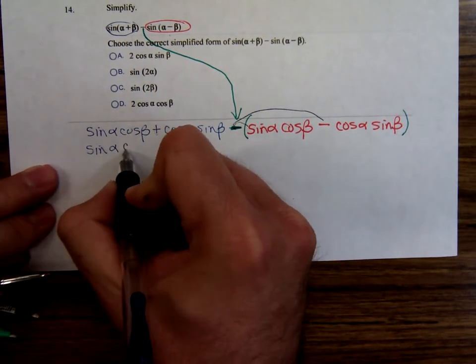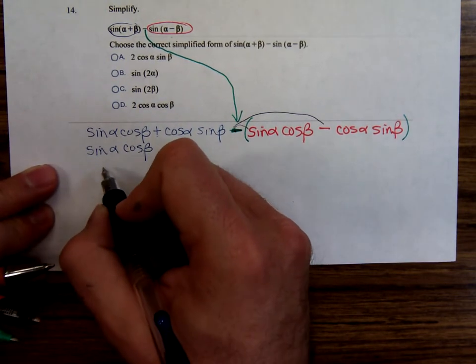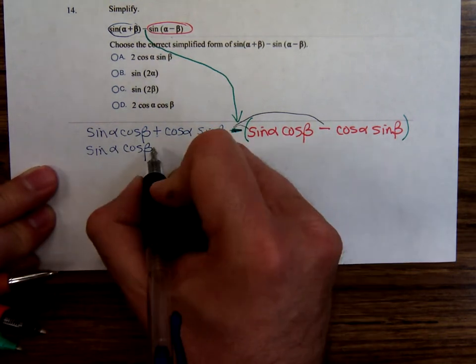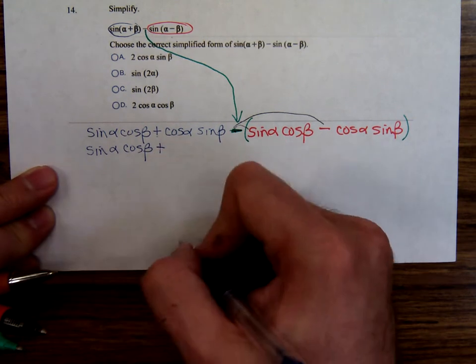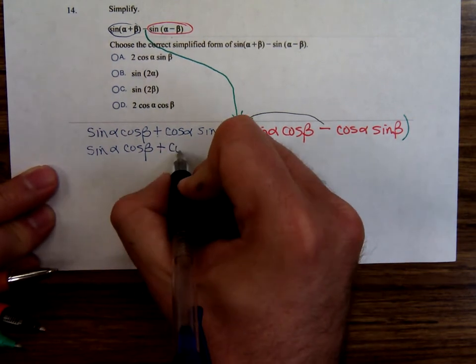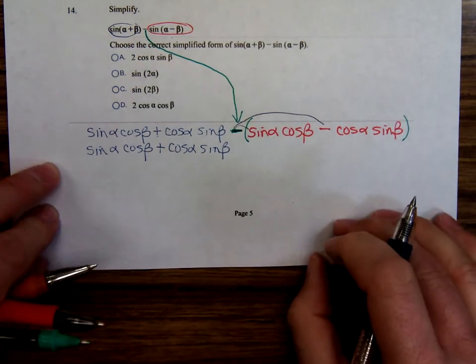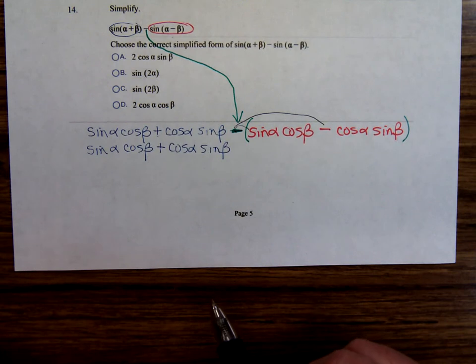And remember when I told you don't be dropping the angles? Make sure you're writing those angles. If you got into the habit of dropping the angles, no, don't write cos or sin without an angle after it. So cosine alpha, cosine beta, plus cosine alpha, sine beta.